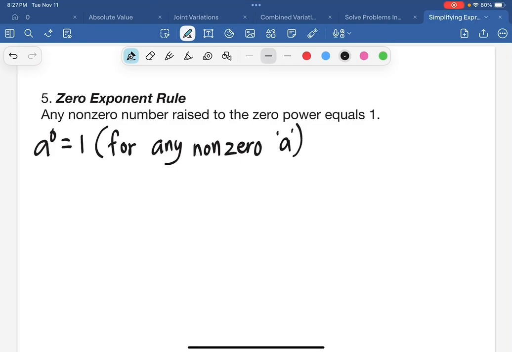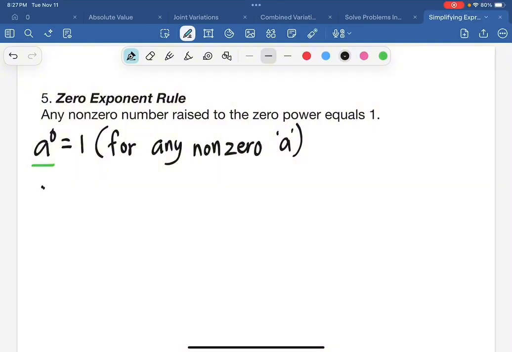Again, our base here should not be 0. It could be any number. It could be a fraction, a decimal, a rational or irrational number raised to 0. As long as it's not 0, then the answer would be 1.